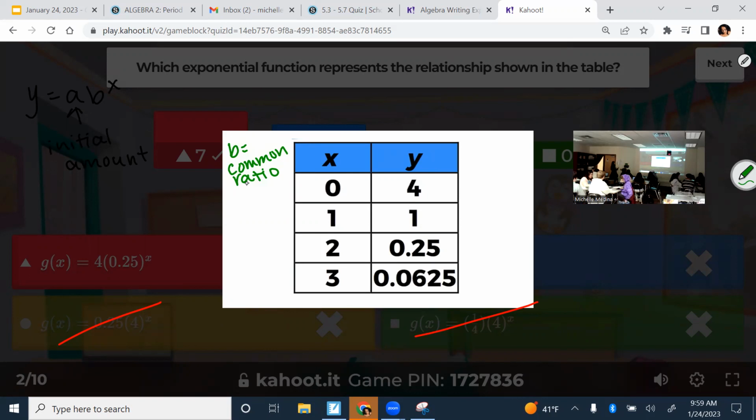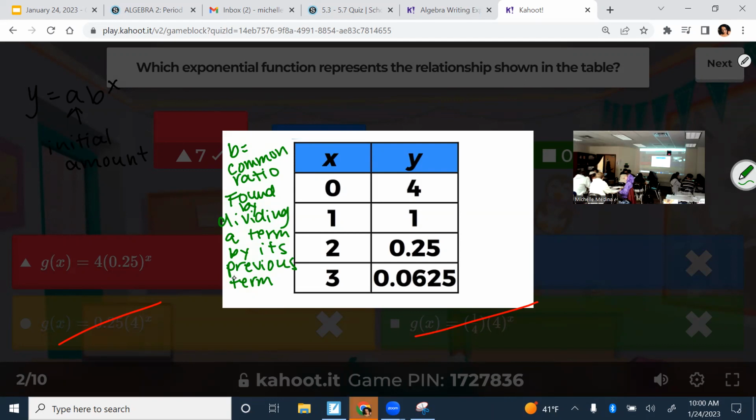So the rule for common ratio is that it's found by dividing a term by its previous term. So since only one person was able to tell me what I accurately divide by, then you should all write that down. Common ratio is found by dividing a term by its previous term.